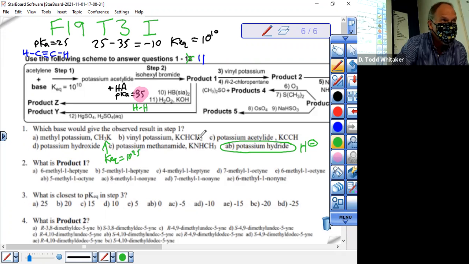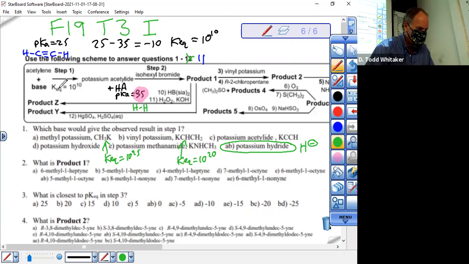This is the conjugate base of an alkene with a pKa of 45. So 25 minus 45 is negative 20. KEQ 10 to the 20. That would be the answer if it said right here, KEQ equals 10 to the 20. Every one of these is a great base, except for hydroxide, which would give it a lousy yield. It wouldn't work.